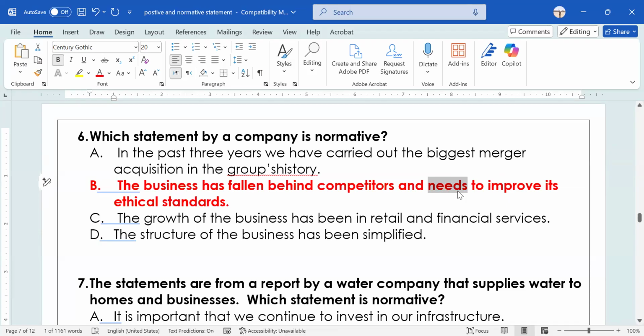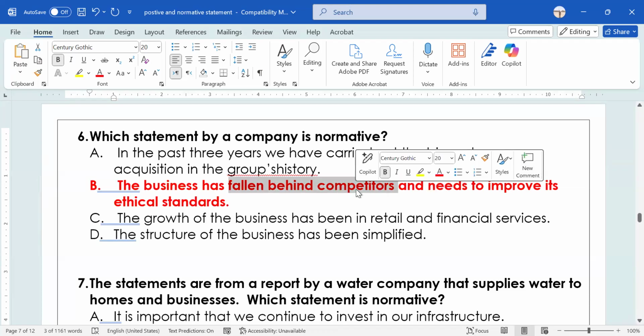There's another clue: the phrase fallen behind competitors. It may be based on data, but the recommendation to improve the ethics is very subjective.